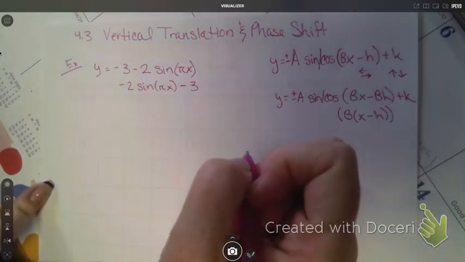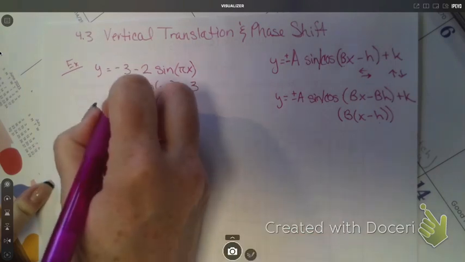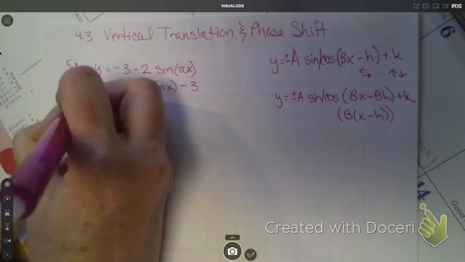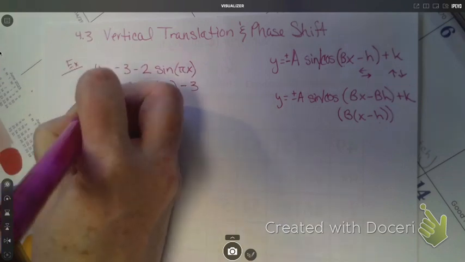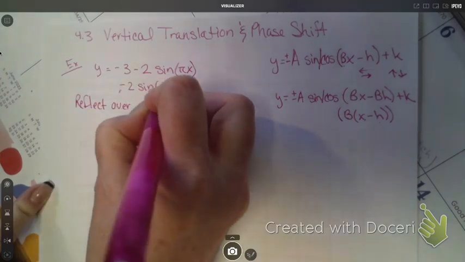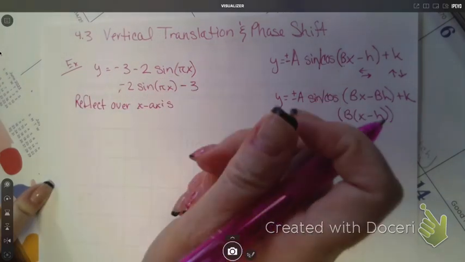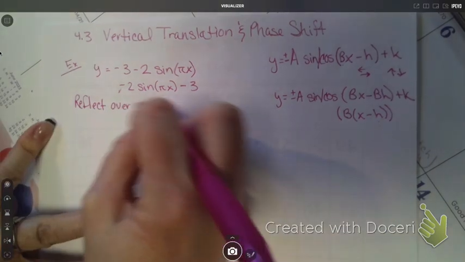So, what do we know about this graph? What's this negative tell me? Okay, so it's reflected over x. Actually, I'm going to say reflected over the axis.